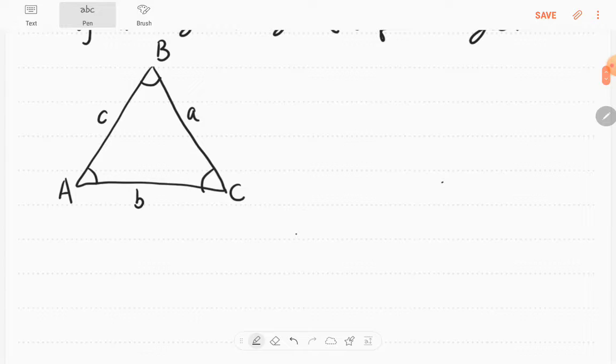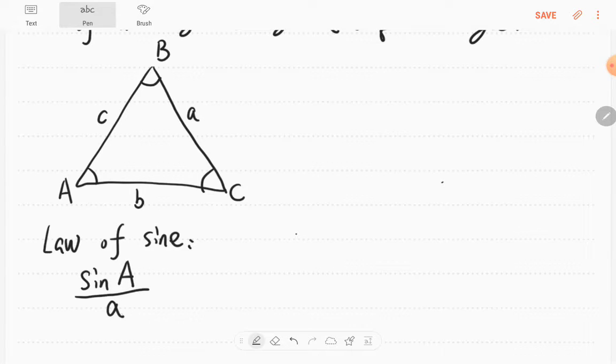So the law of sine tells you that sine of angle A over a is equal to sine of angle B over b is equal to sine of angle C over c. That means the ratio between the sine of the angle and the side opposite to it is going to be constant throughout this triangle.